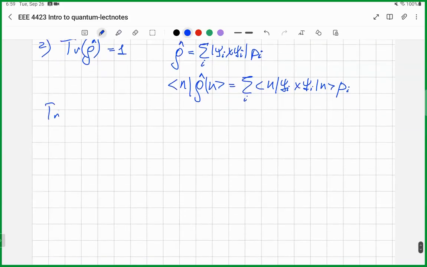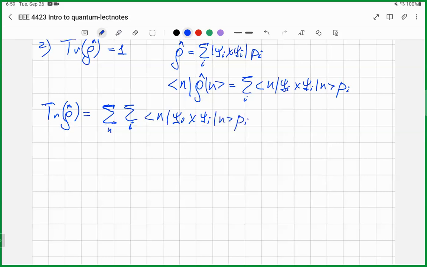And finally for the trace of rho, we have to take a sum over n, right? So it's a sum over n, sum over i. In contrast to i, n enumerates the different quantum states. What we get is <n|psi_i><psi_i|n> p_i.